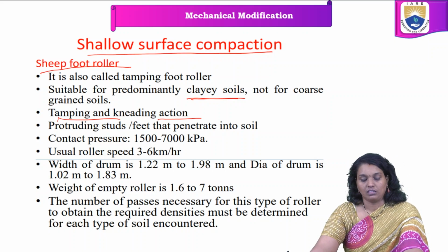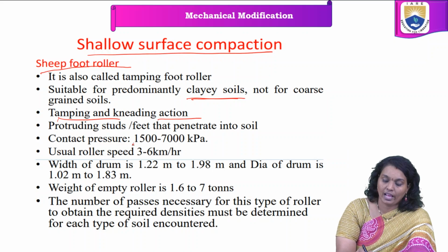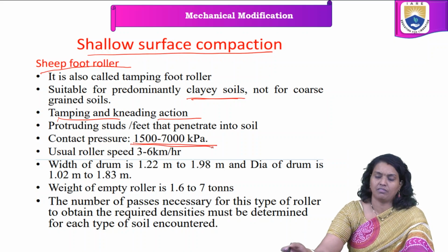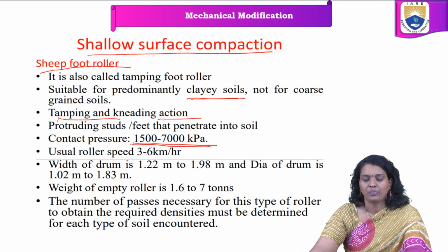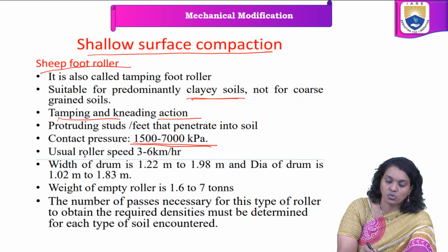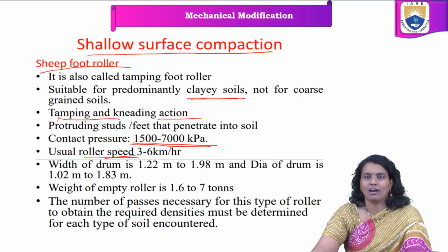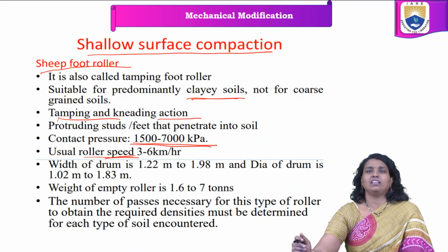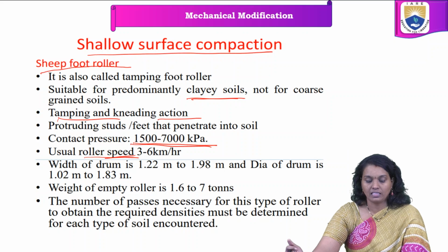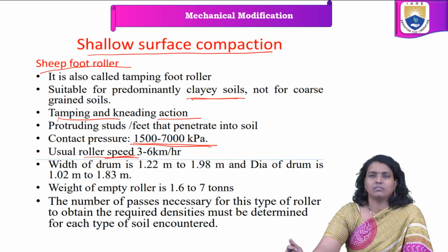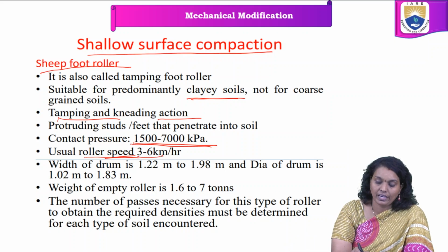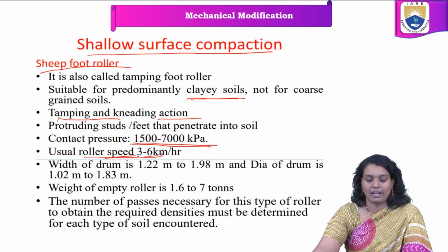The sheep foot roller has a contact pressure of 1500 to 7000 kPa, and the roller speed is 3 to 6 kilometers per hour. Whenever the sheep foot roller has a contact pressure between 1500 and 7000 kPa, the speed is 3 to 6 kilometers per hour.